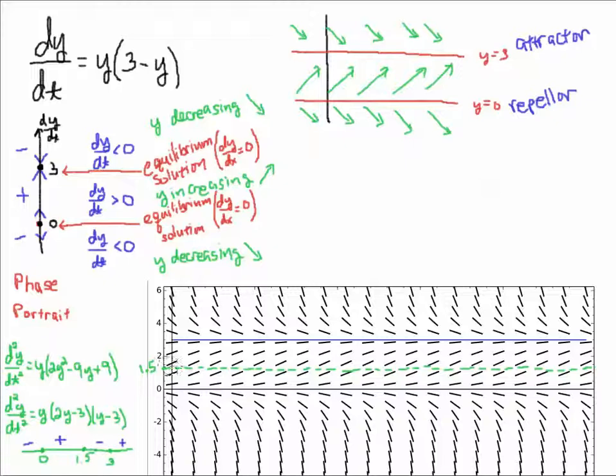At 1.5, which I drew in here, this is our point of inflection, and some people call this the point of maximum acceleration in a population growth, if we think of this as a population model. You're concave up when you're below 1.5, but concave down when you're above 1.5. And then when you're less than 0, you are concave down.